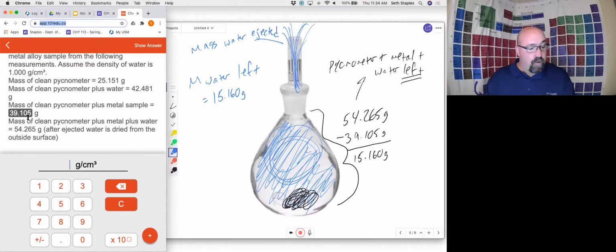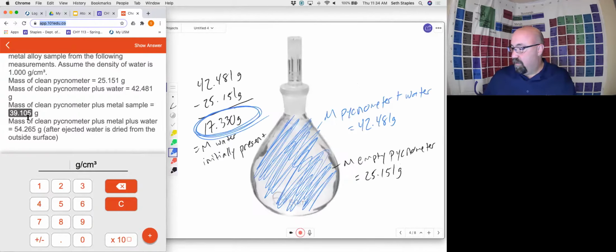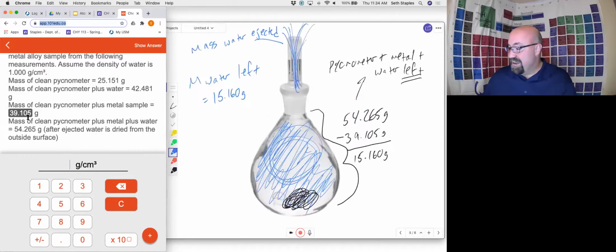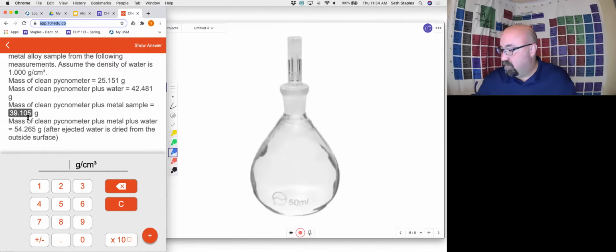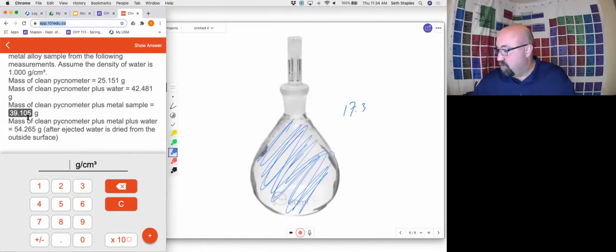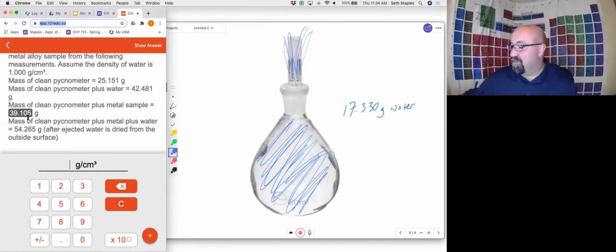And so finally then, what we're going to do with that information is we're going to take our 17.330, that was the mass of our water initially present. And so initially we had 17.330 grams of water. That's how much water was just initially in our pycnometer. And now we can subtract the mass of the water that was left.